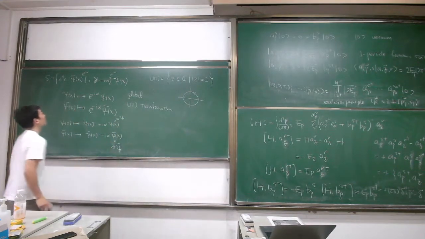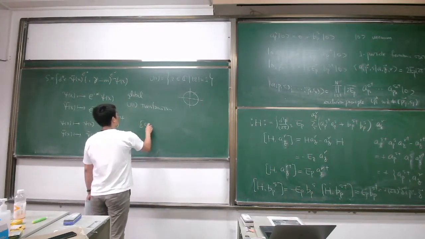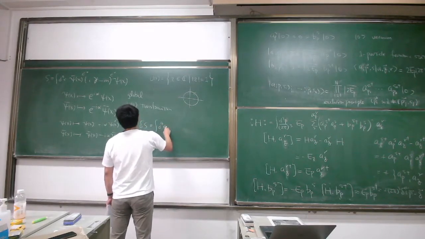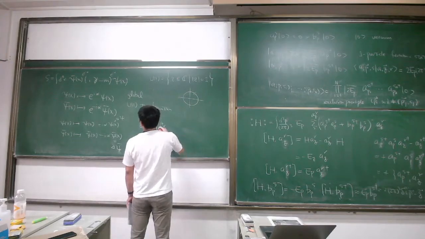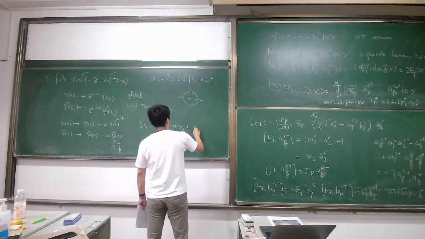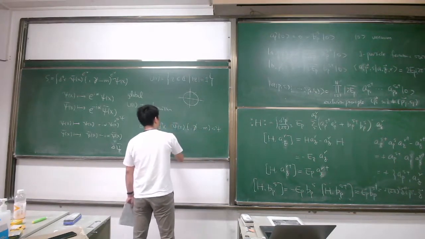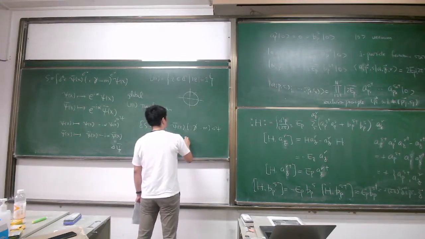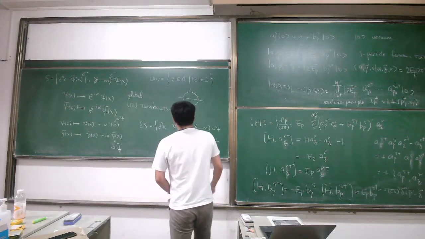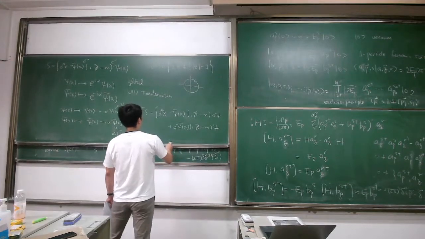That's what we're going to do, and therefore delta S is the integral d^4x of psi bar i gamma partial delta psi, plus delta psi bar i gamma partial psi. Then what we have is the following.